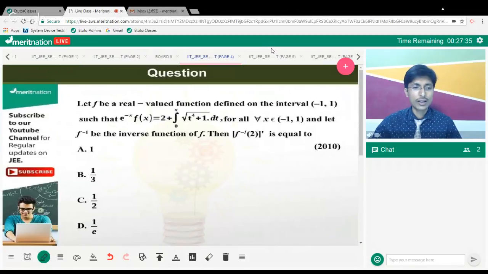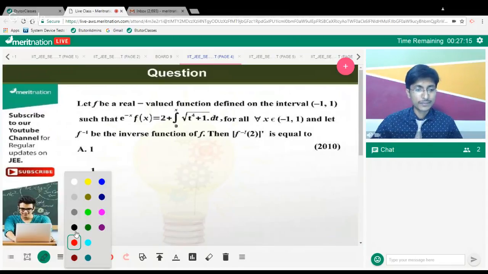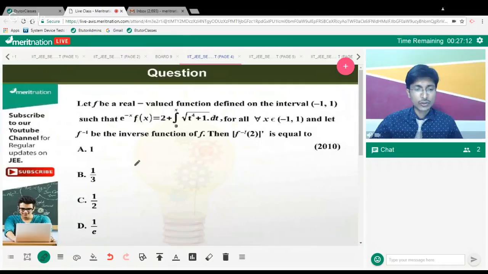So first of all, let's try and differentiate the expression which is given to us, that is e raised to the power minus x f(x) equals 2 plus integration of 0 to x under root of t raised to the power 4 plus 1 dt. If I differentiate this particular expression, what will I get? So e raised to the power minus x f dash x. I'm using the product rule, guys. I believe everyone must be aware of the product rule. I first differentiated f(x), so it became f dash x.